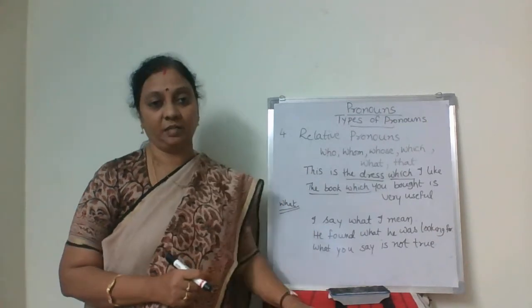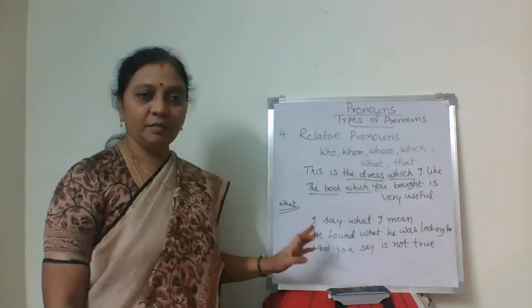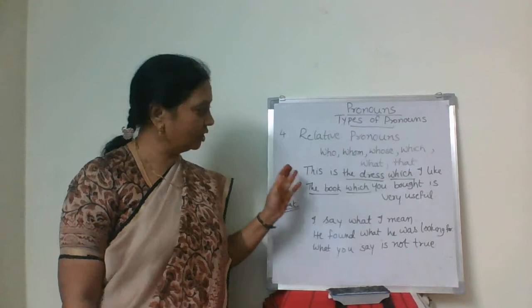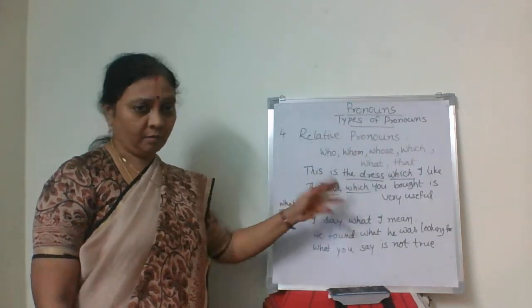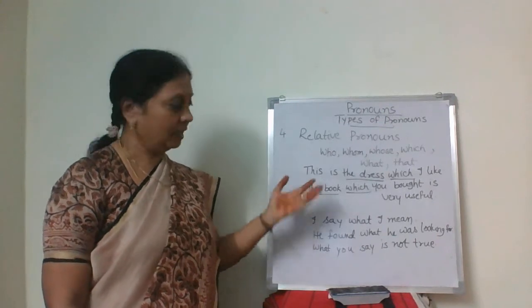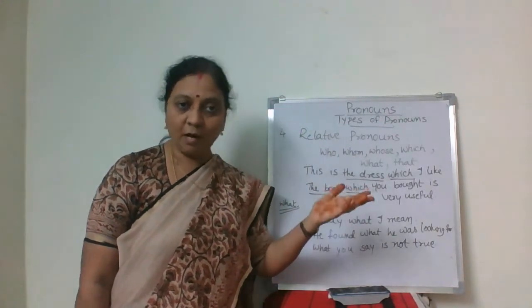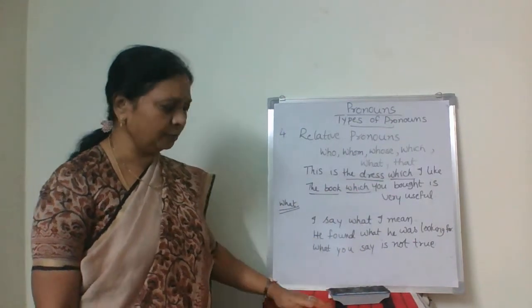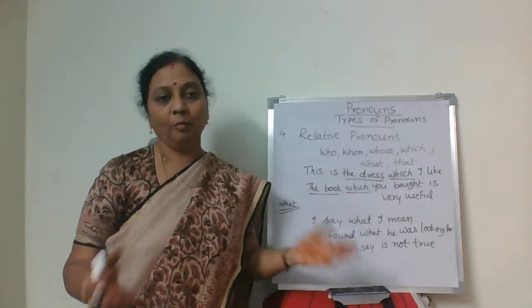But with what, you have to remember a little bit. There are no antecedents in the usage of what. No words before it like book, dress, or the boy or Ram. In general, we use it like, I say what I mean.